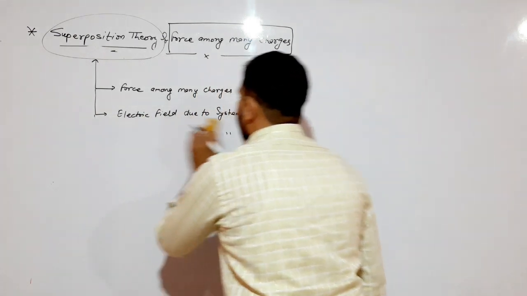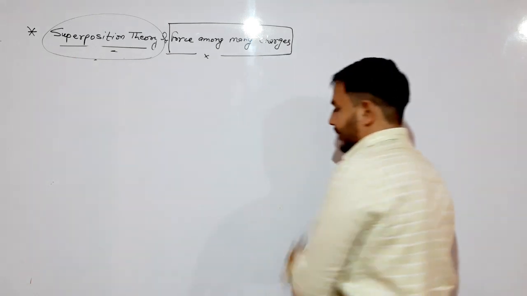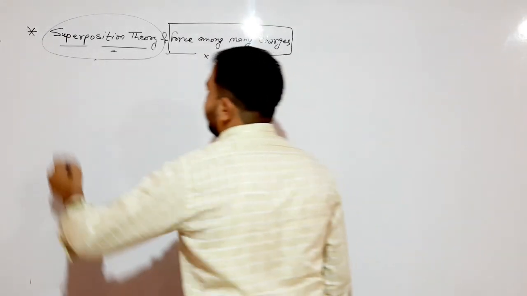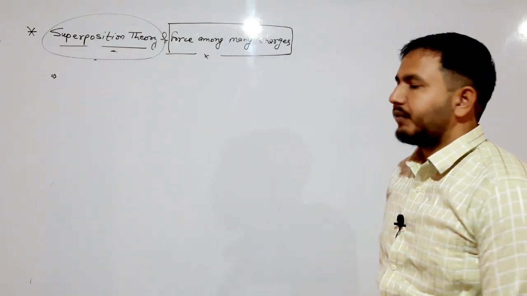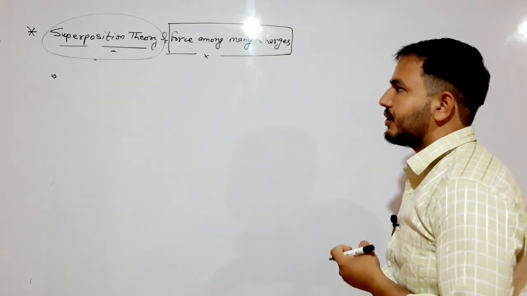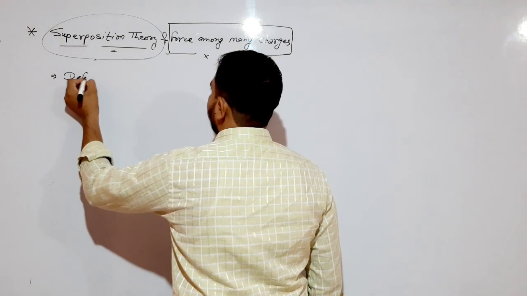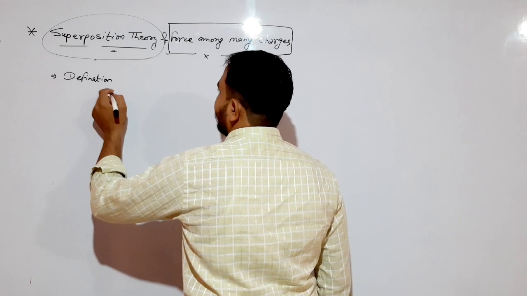How can we explain it? First of all, we explain the definition of superposition theory. This is a very simple definition.